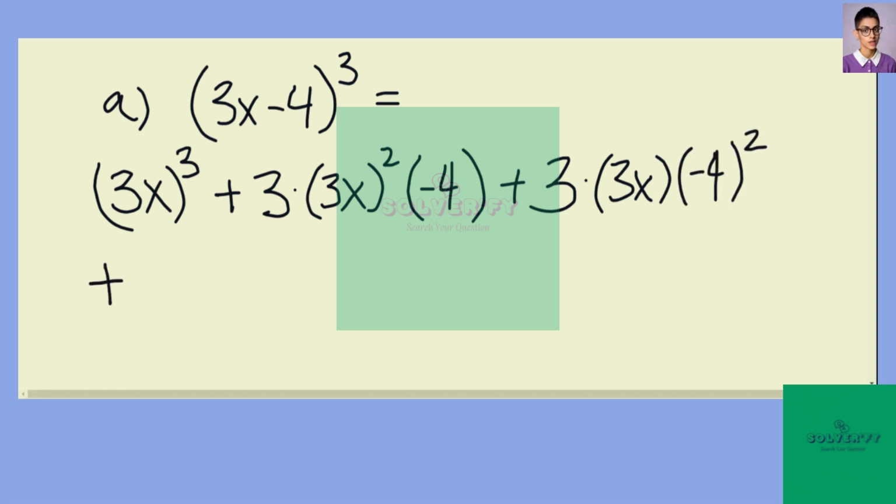Finally, plus 3 choose 3, which is 1, times (-4)^3.